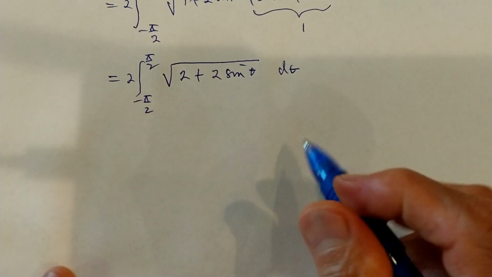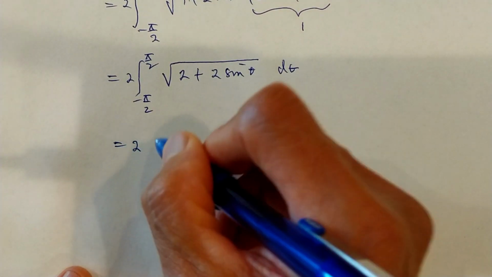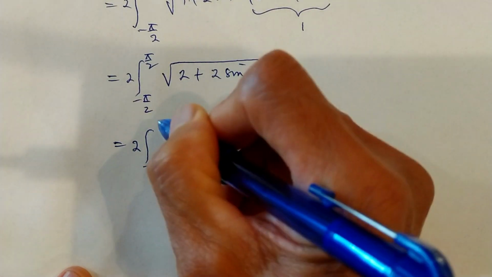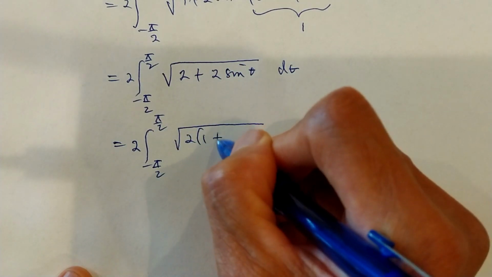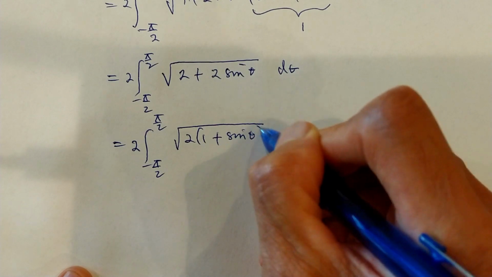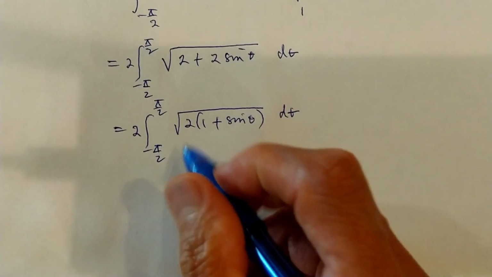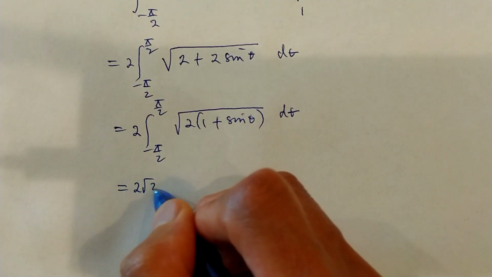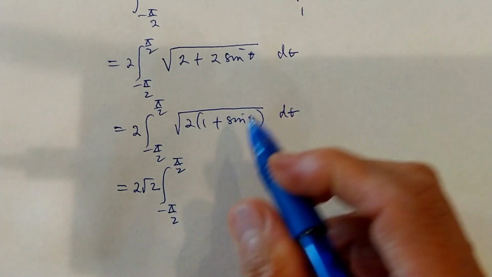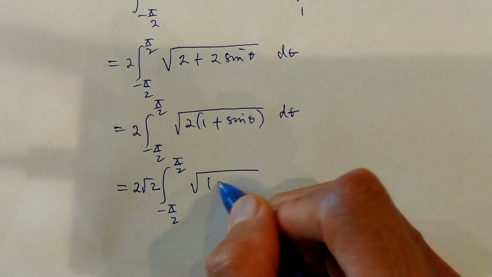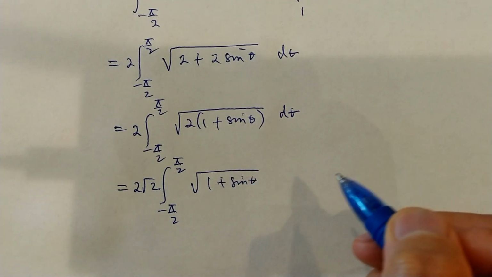We can factor out the square root of 2 and get 1 plus sine theta. So we can write this as 2 square root of 2 times the integral from negative pi over 2 to pi over 2 of the square root of 1 plus sine theta.